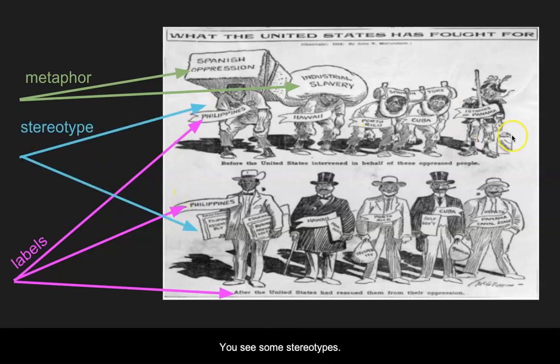We see some stereotypes. It's a stereotype that people from these countries would be like this. We can't say what's in your mind, but back then, when people would think of Hawaiians or Filipinos or Puerto Ricans, they would see it as a country full of people who are just doing labor like this.